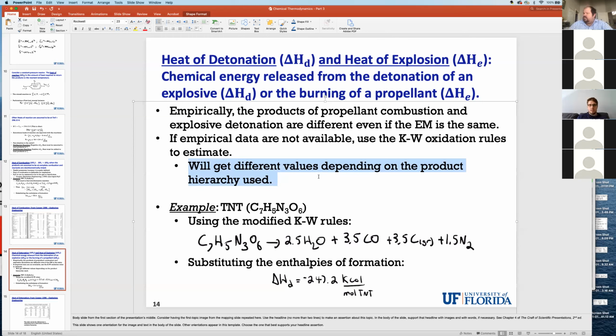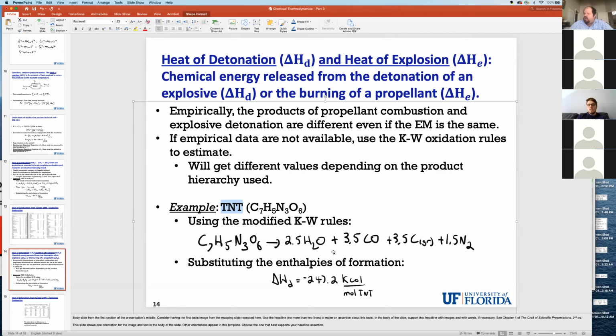Okay, so for example, I'm going to use TNT, and we're going to find the heat of detonation for that. To estimate the product state, we're just going to use the modified Kistiakowsky-Wilson rules. I've already done that, I think. If you do that, you find it's going to produce, first, all the hydrogens are burned, so you produce 2.5 moles of H2O.